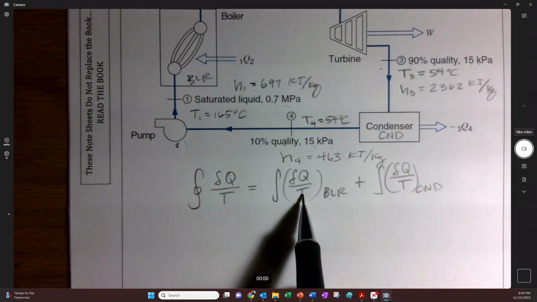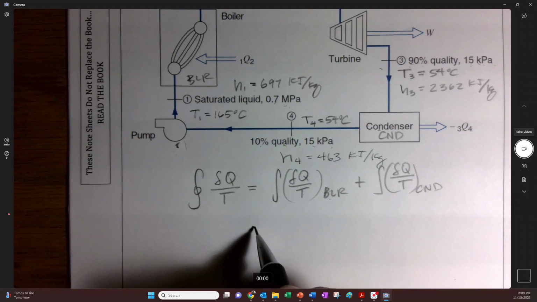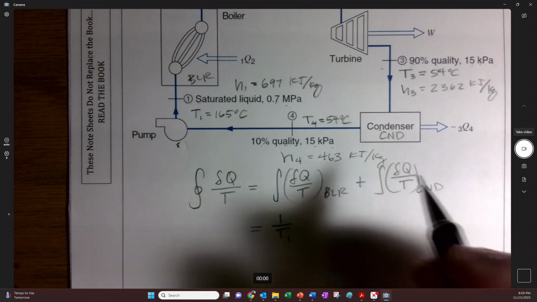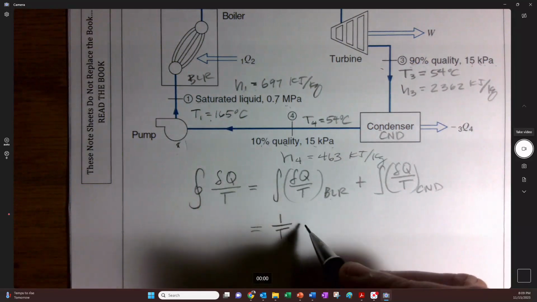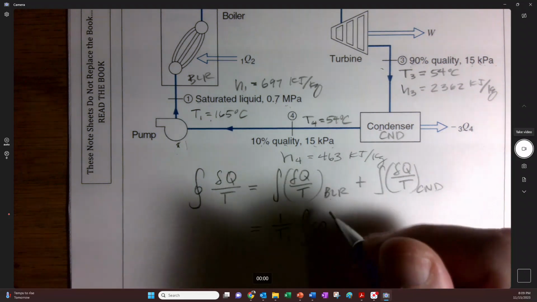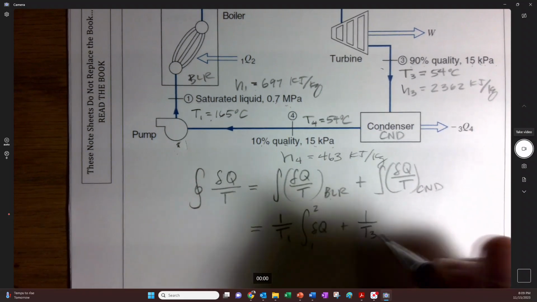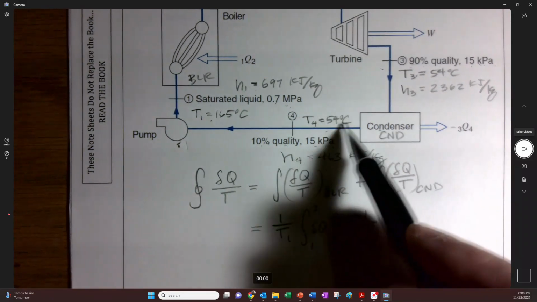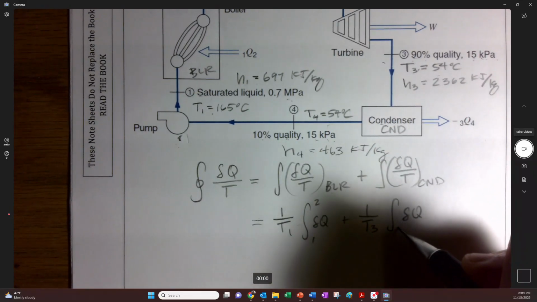And the temperature is constant across both of these, so we can just do the integral and go 1 over T1, because temperature 1 is 165 across the boiler, and that's going to go integral del Q from 1 to 2, and then plus 1 over T3, because temperature 3 remains the same, 54, and integral del Q going from 3 to 4.